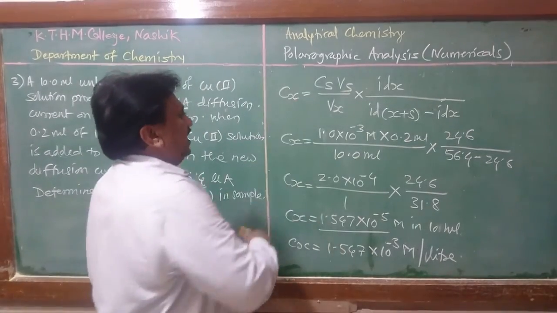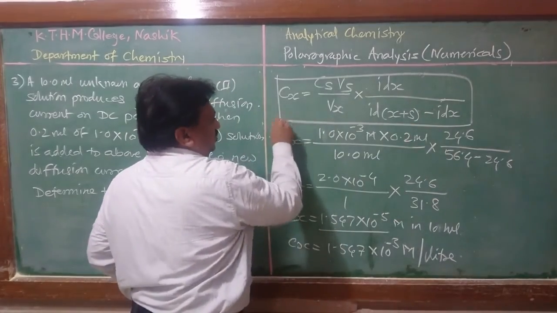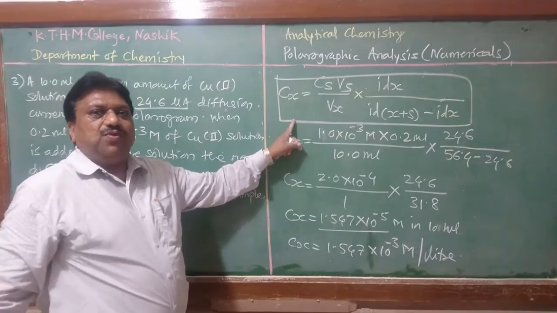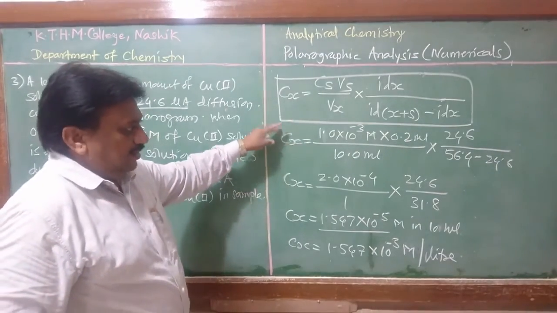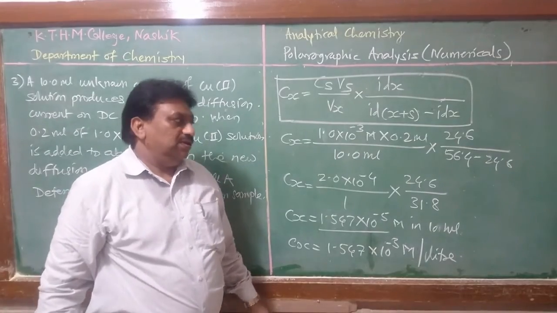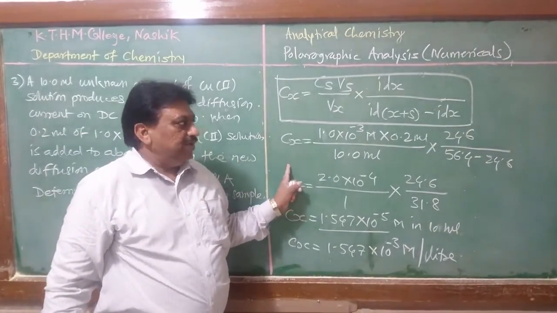Therefore, this is the standardization method which is useful for determination of concentration of a sample in various types of instrumental analysis. Students, all these are about the different types of numericals that may be asked in the university exam.